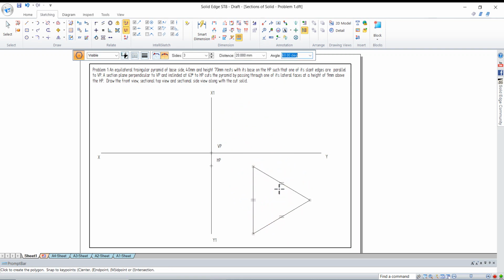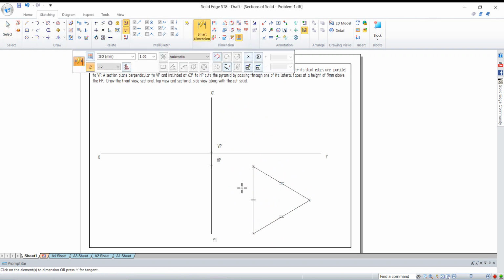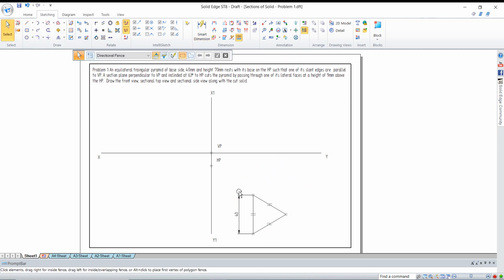The angle can be 60° for the parallel. Since it is given as a 40 mm triangle, we'll make it 40. So all sides are 40 now. Drag the entire triangle and place it in the approximate position, because later we can adjust that also.